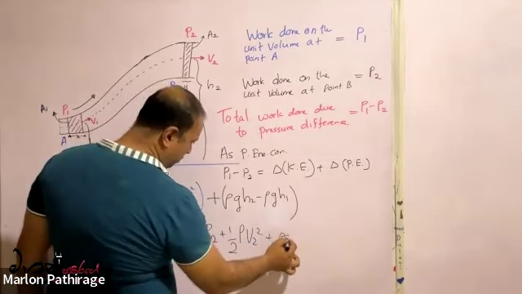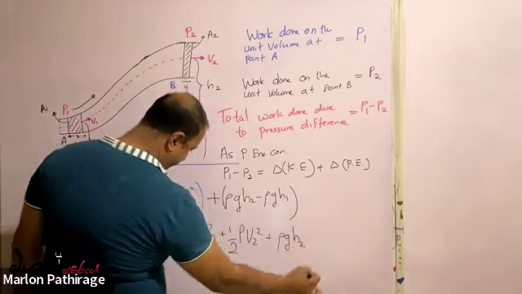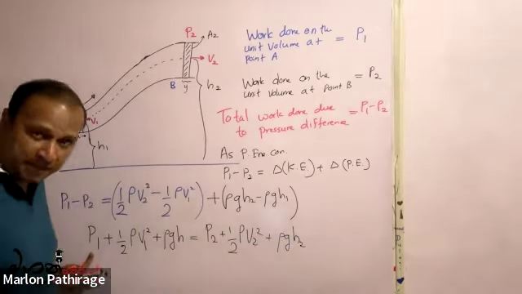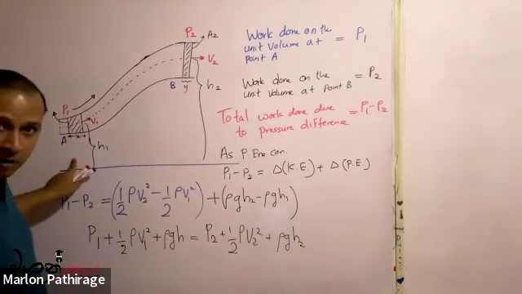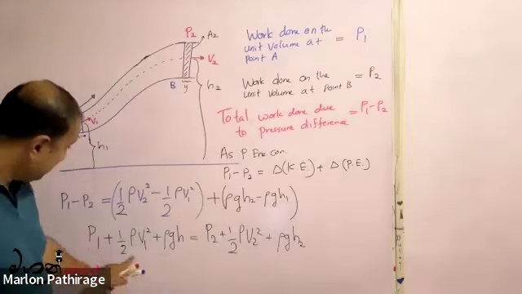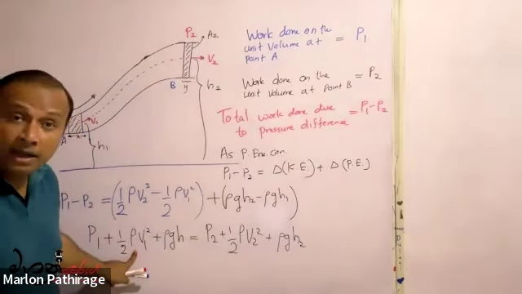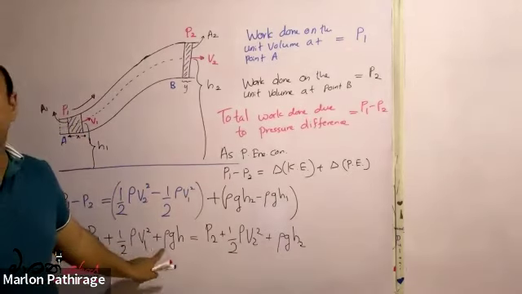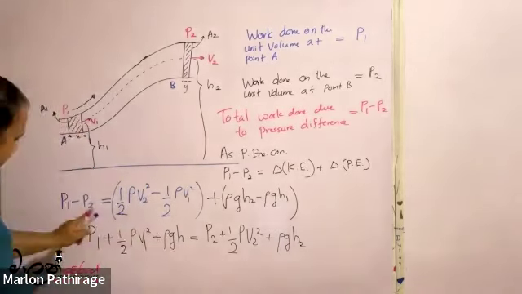Plus rho G H2. That means pressure at any point, plus kinetic energy per unit volume, plus potential energy per unit volume.